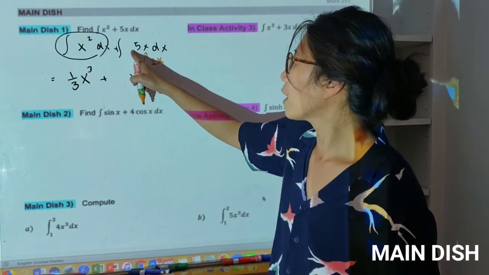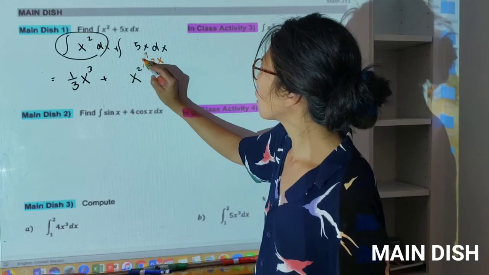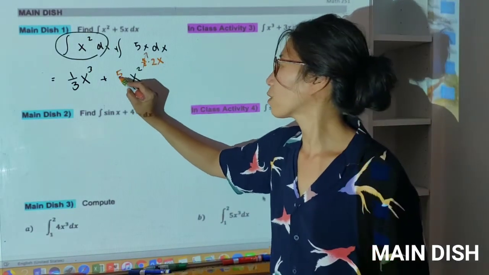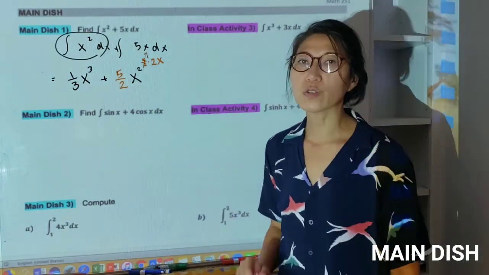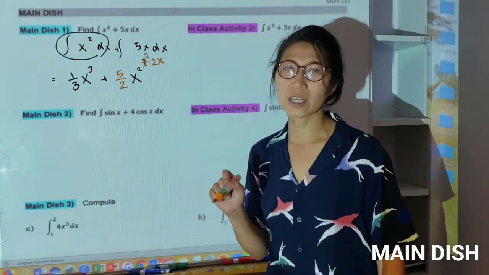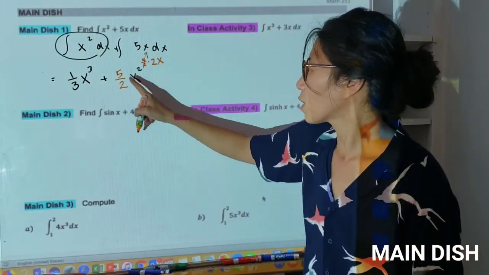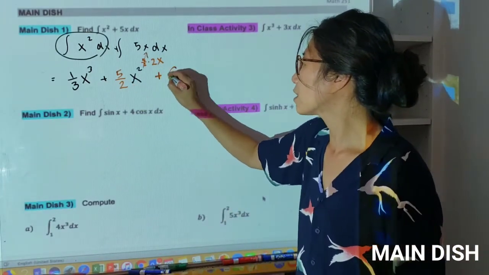I want to have a 5x, then you have to multiply by 5 and divide by 2. Why? You want to cancel out 2, but you want to have a 5. So I'm going to have a 5 over 2 here. You can just break it down slowly. If you do it 2, 3 times, you will see the pattern definitely. That's what happened to me too. Or you see how I do it. So that I get 5 over 2 plus c, don't forget.